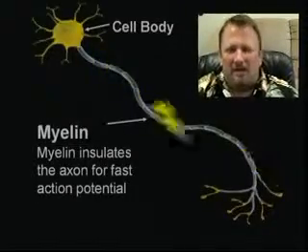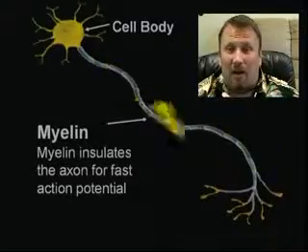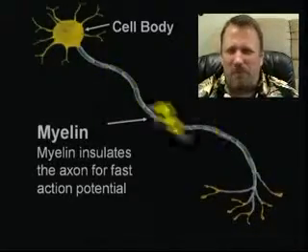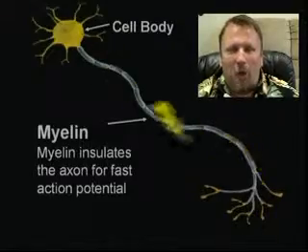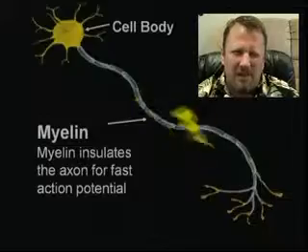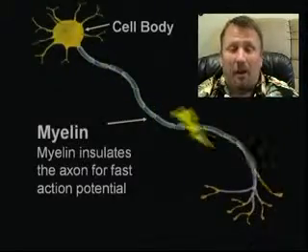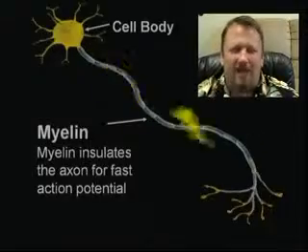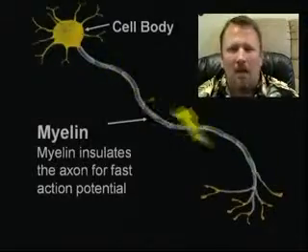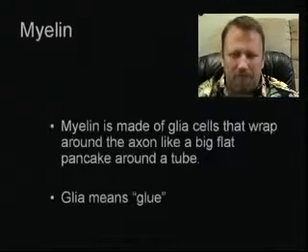Something to keep in mind is this concept of myelin. Myelin insulates the axon for fast action potential. I don't want to talk about nodes of Ranvier and saltatory conduction today, but I did want you to know that myelin provides this insulation for the axon, and that makes the axon's action potential run more smoothly and more quickly.